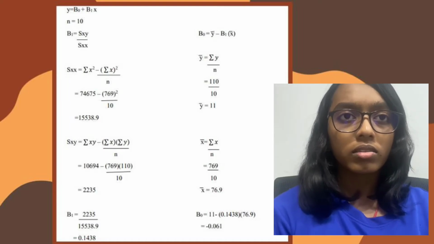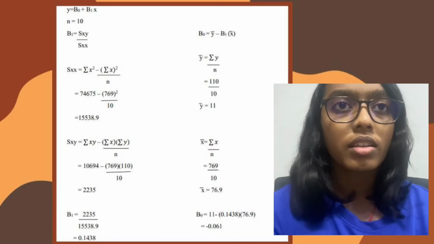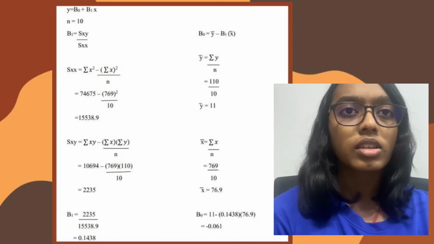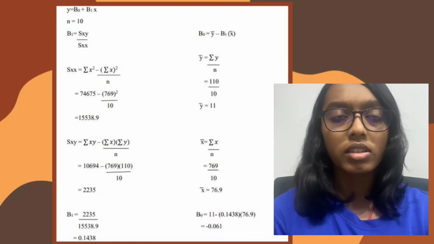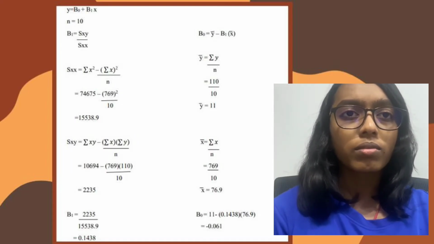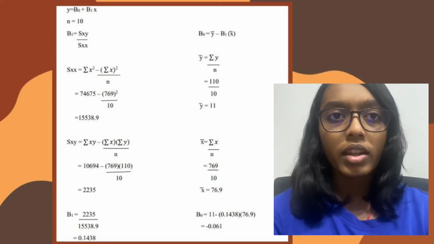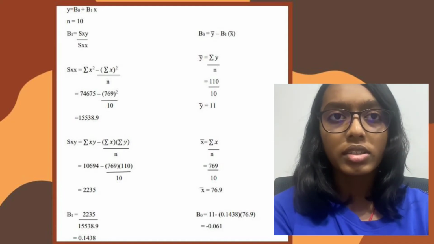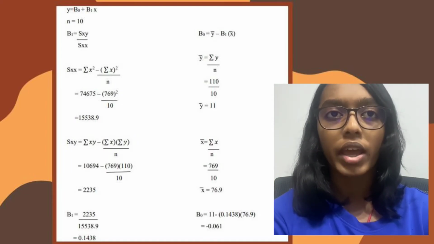According to the formula, which is the sum of x square minus the sum of x to the power 2 divided by n, you can get the value of SXX, which is 15538.9. To find SXY is sum of xy minus the sum of x times sum of y divided by n.